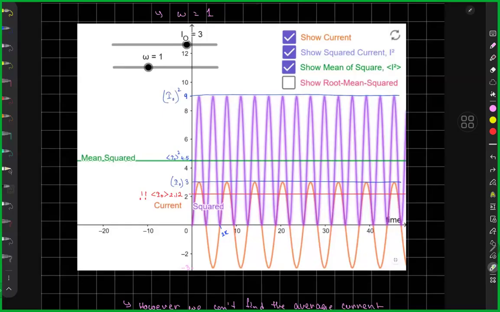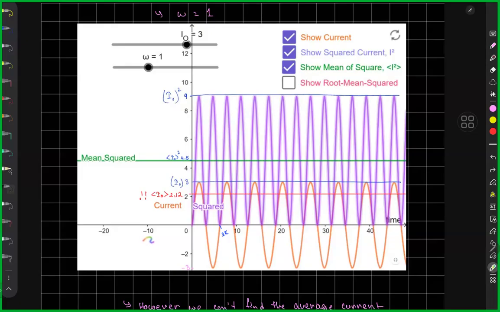Now, what is the first step? Finding the I naught square. What is I naught? 3. What is the I naught square? 3 squared, and that is 9. So I know the I naught square value. But that is not the entire point. I am showing this graph to explain a bit more.